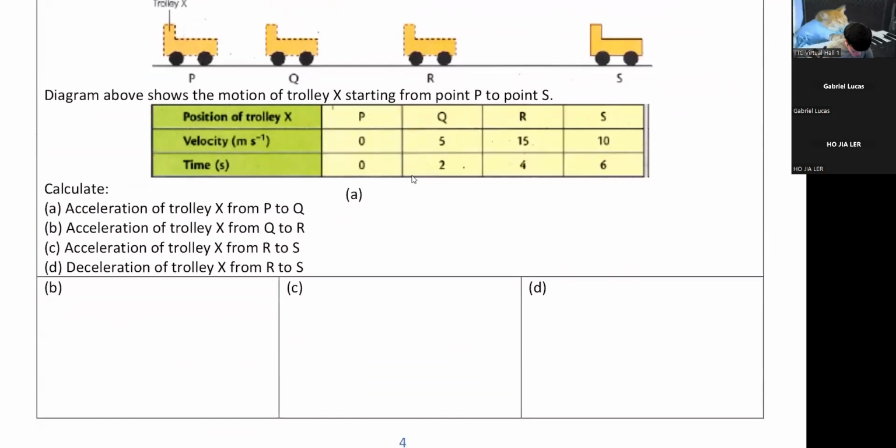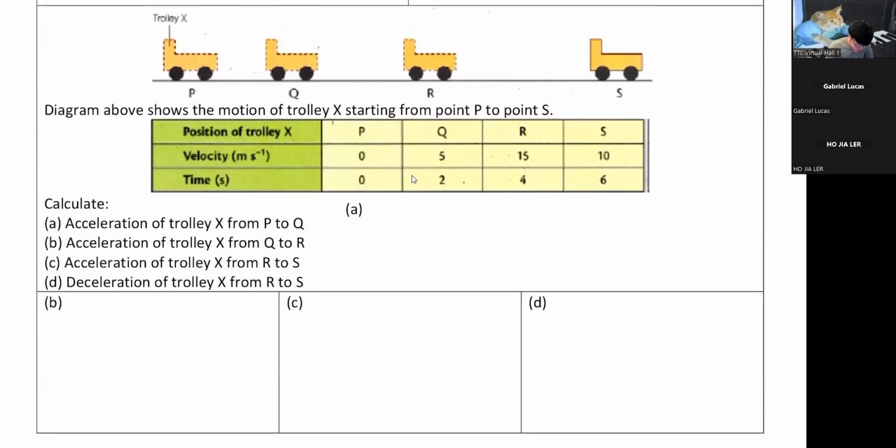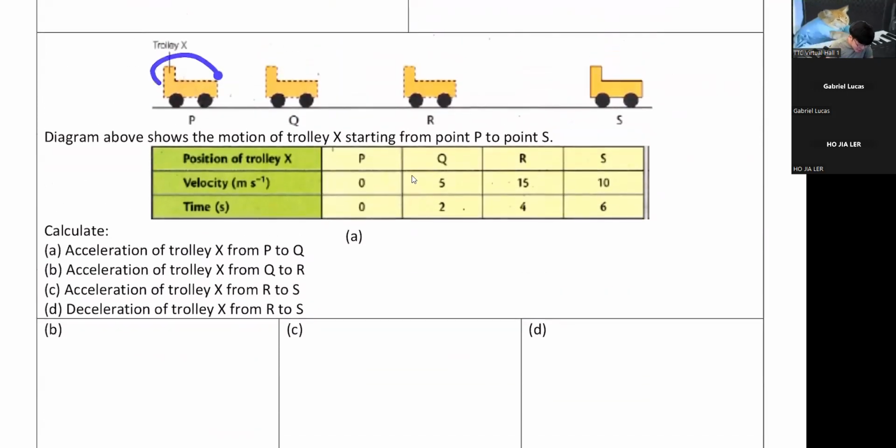Anyway, the next one. There's a trolley here. At P, they start at 0. They go to Q 5, R 15, and then S 10. Can you see? This thing is accelerating, then it is decelerating, slowing down.